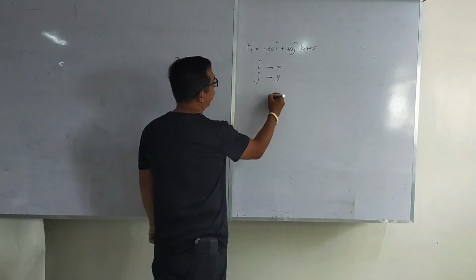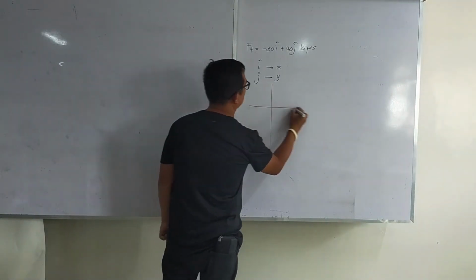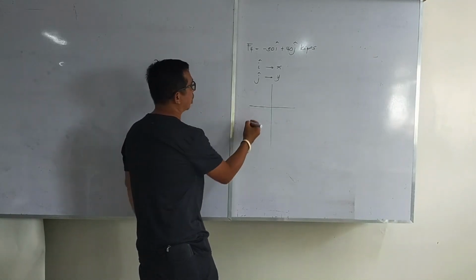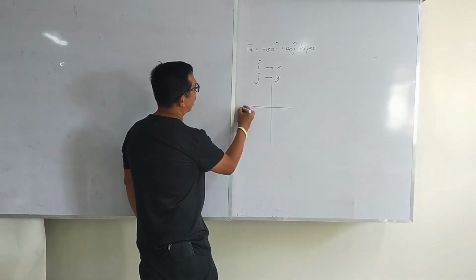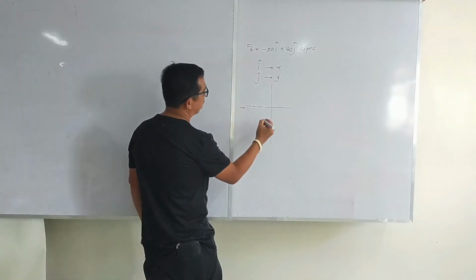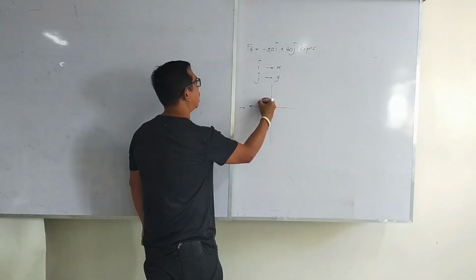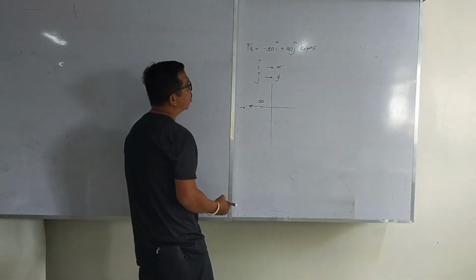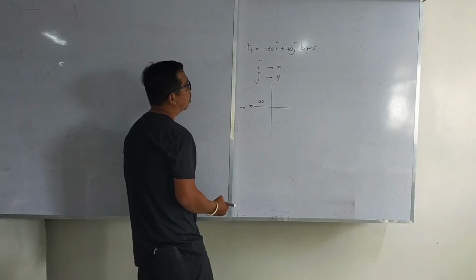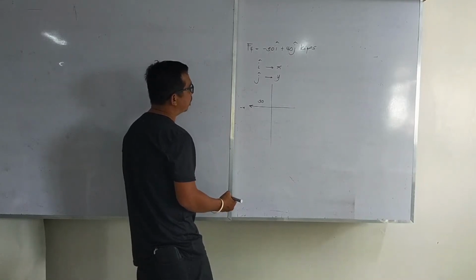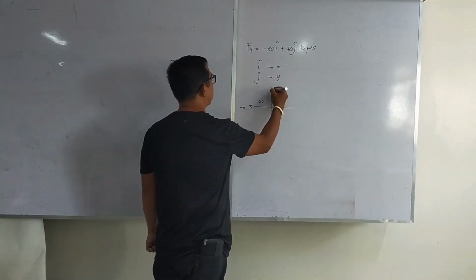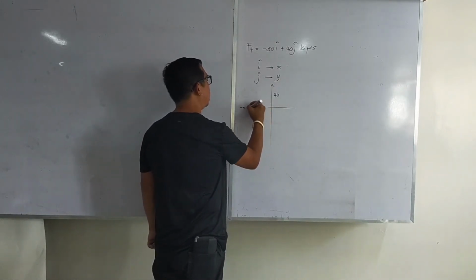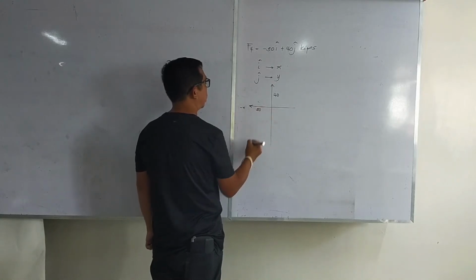So if you are to plot it in Cartesian plane, so we have negative 30i, so that is along the negative x-axis, so we'll be counting 30 units. Then we have 40j over cap positive, so that is along the y-axis, positive at that. This is your 40, this is your 30.